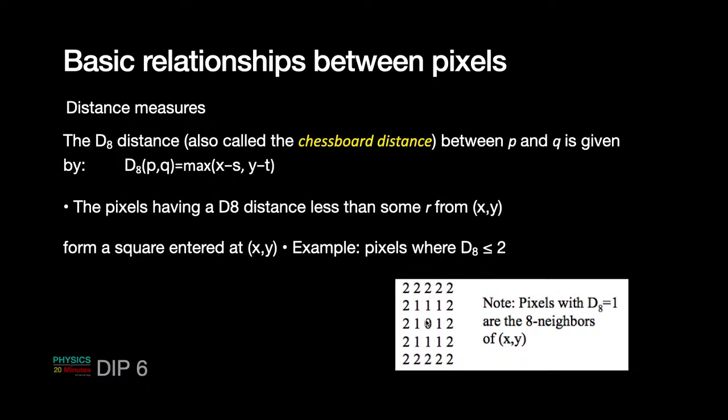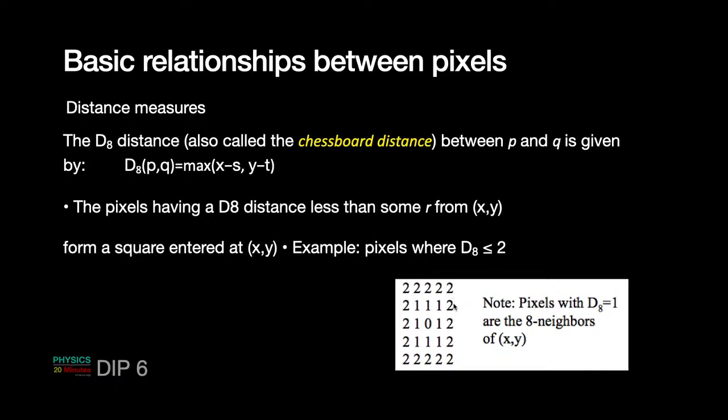But look at some other fascinating thing. You cannot reach this pixel by going from here to here and here to here. You will end your 2 distance quota at this pixel. But since it is a D8 distance, you can go diagonally. So this is 1 and then you can go right, and this is 2.